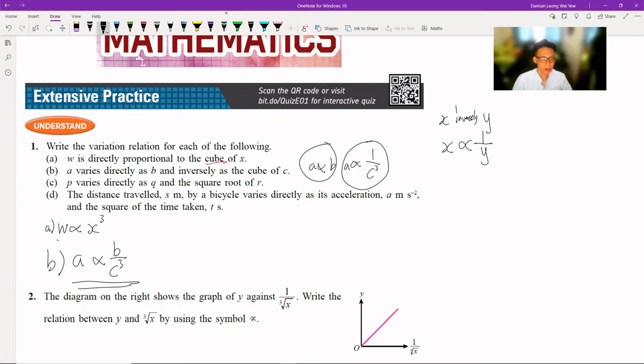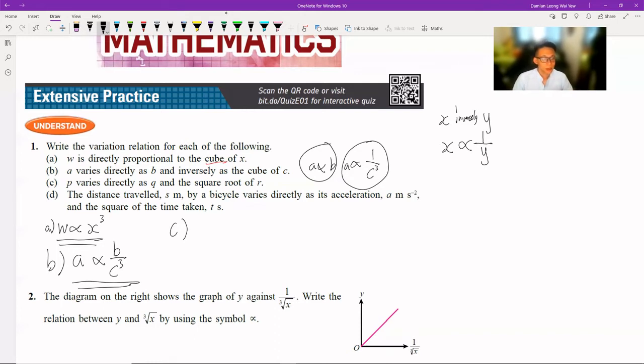For this one, to just write the variation, you can straight away give the answer. It's a very direct question. There's no working needed for this. I'm just showing you how it works.